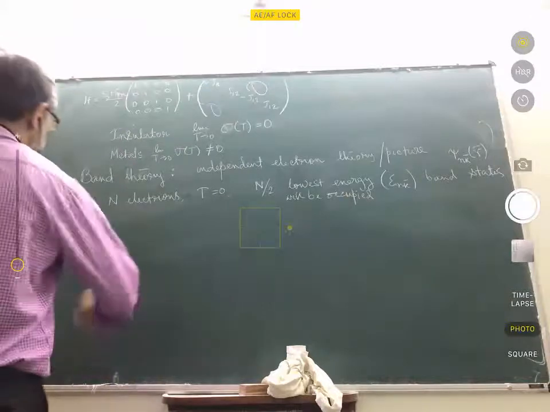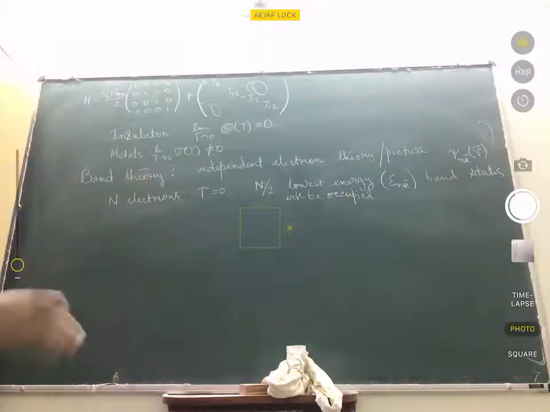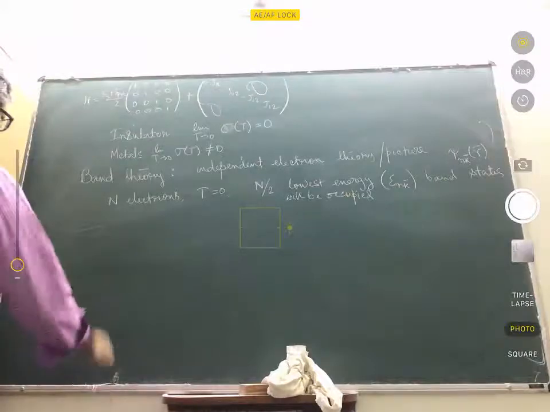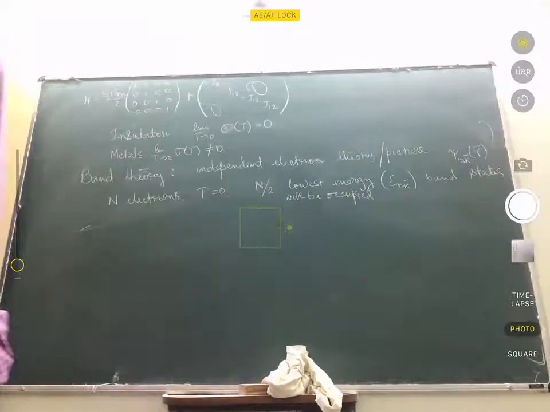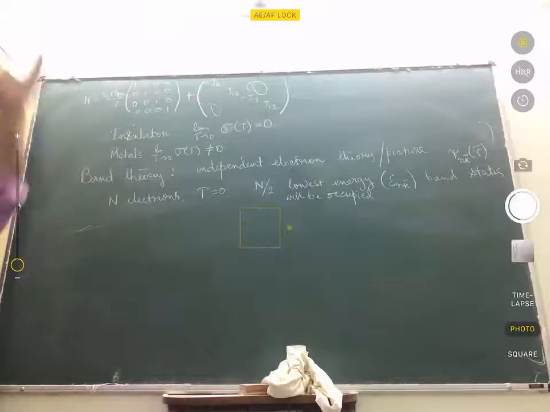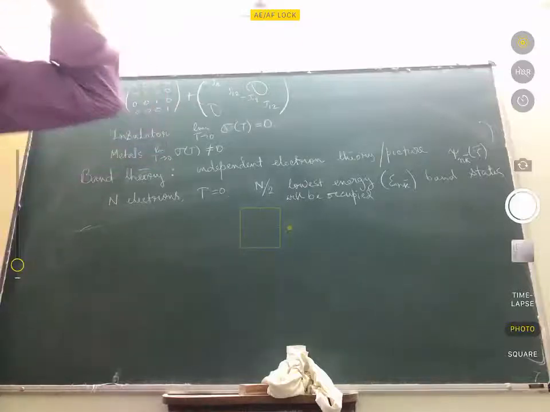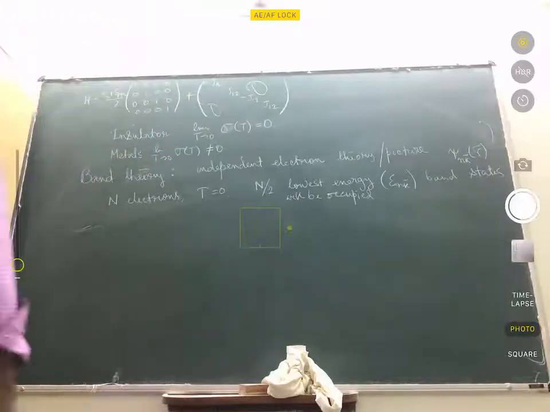An immediate consequence of this is, as we have also seen when discussing semi-classical motion, that when we have partially filled bands, there can be conduction. When we have completely filled bands, the conductivity goes to 0. Those states do not contribute.